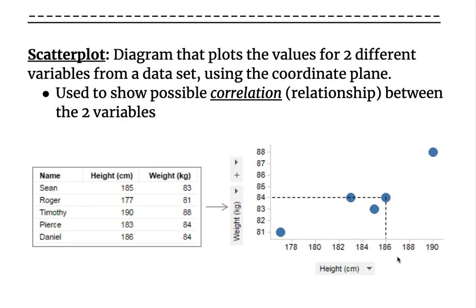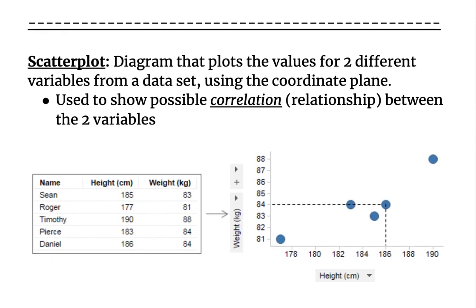And then we can see if there's a relationship between these people's height and their weight. So it looks like there kind of is a relationship because it's going kind of in a straight line upwards. So it looks like the taller you are, the heavier you probably are as well, which makes sense. There's more weight to you. Be sure to have that copied down, especially the definition, before you move on.